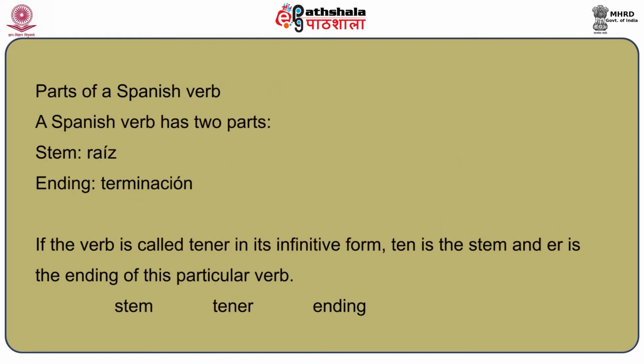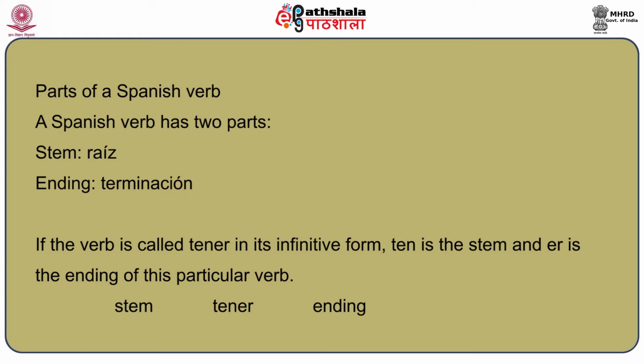A Spanish verb has two parts. The first part is the stem and the second is the ending. So stem is known as raíz and ending is la terminación. Now let's take an example. If the verb is tener in its infinitive form, that is, it is not yet conjugated, then this verb tener has the ending er.